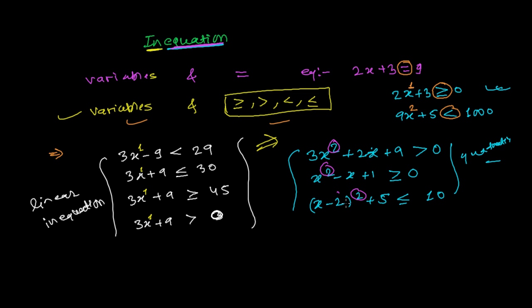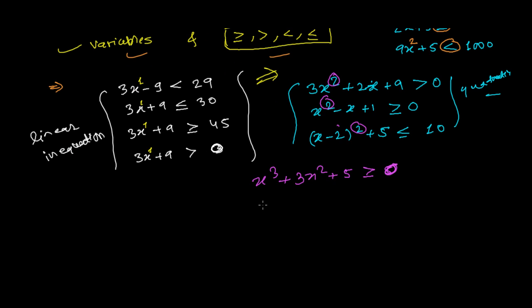It may also be in cubic form, like x cubed plus 3x squared plus 5 is greater than or equals to 0. It may be like x minus 3 whole cube plus x minus 2 whole square plus 5 is greater than or equals to, or simply greater than, 0.